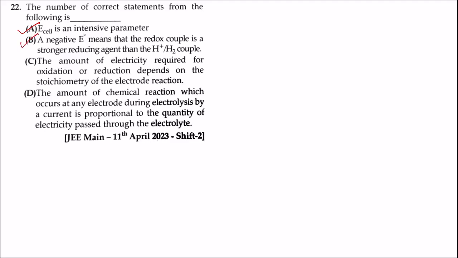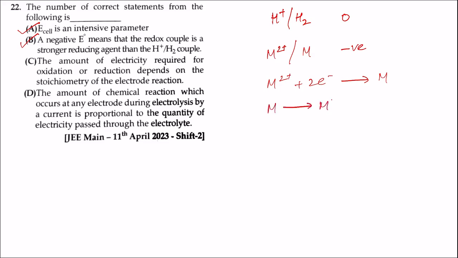The reduction potential of hydrogen electrode, that is H plus changing to hydrogen gas, is 0. If a metal ion accepting electrons and changing into a metal atom has a negative reduction potential, then its tendency to accept electrons is less than hydrogen. So this metal will tend to lose electrons and change into cation, and it will act as a reducing agent.